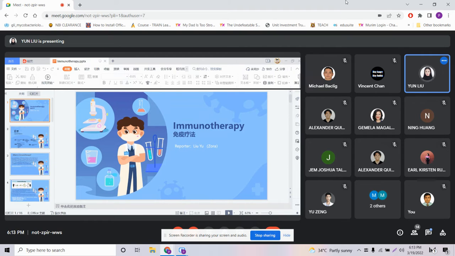Okay, next page. The diagram above represents the process of chimeric antigen receptor T cell therapy.